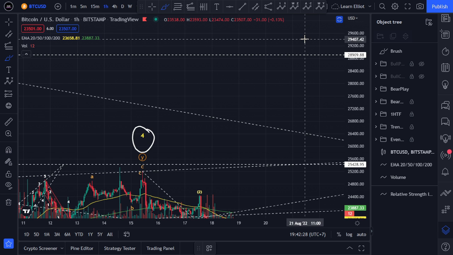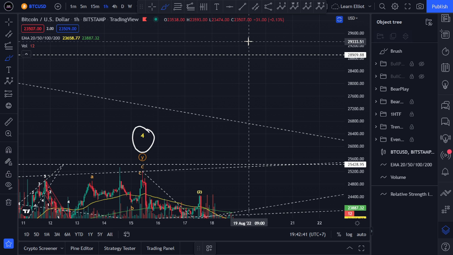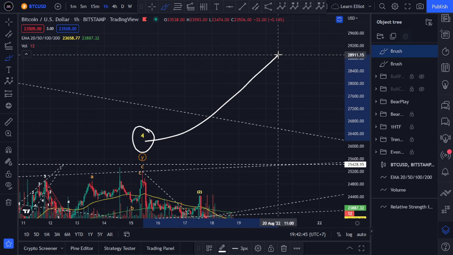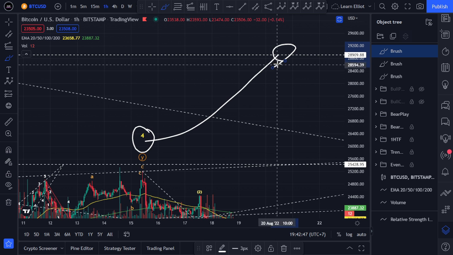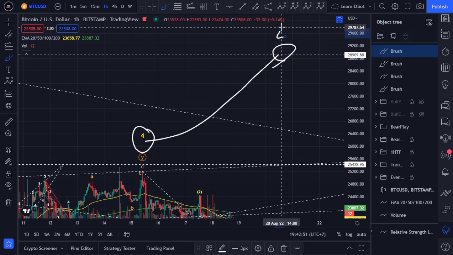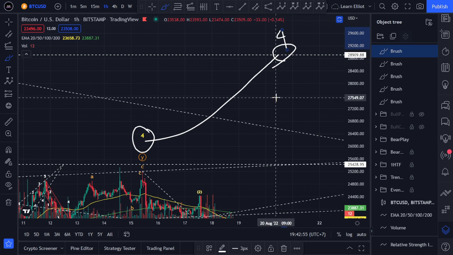As long as it's down below 32k, the impulsive move down will still be able to play, because the first wave of this impulsive move from 69k is at around 32k. So if this fourth wave is actually somewhere around here, 28 or 29, it will still most likely be able to play the bear case scenario here.